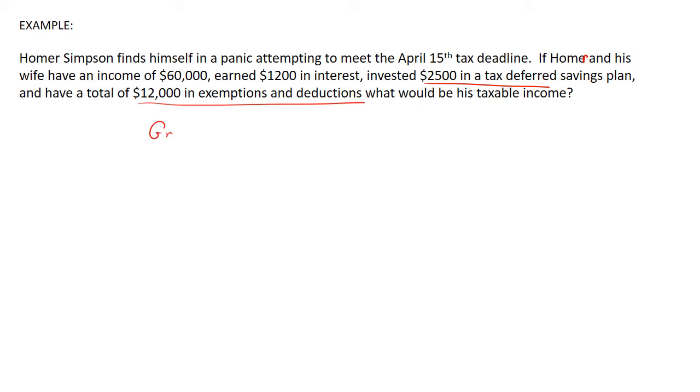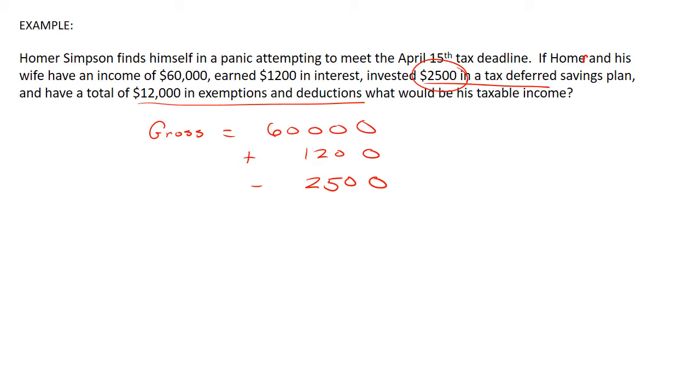Well, you start with the original gross income of $60,000. In addition to that, they earned $1,200 in interest. So we would add that together. However, the $2,500 was in a tax-deferred plan, so the government will allow us to subtract that since it was in a tax-deferred savings plan.